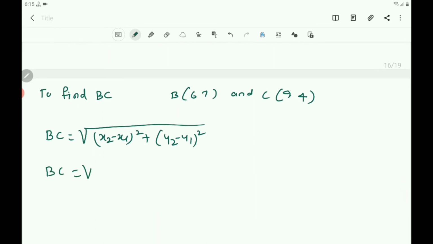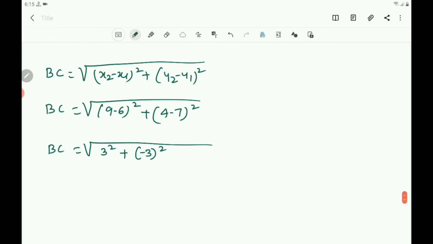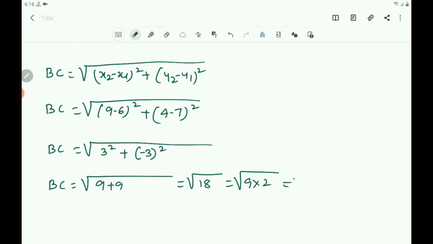Taking 6, 7 as x1, y1 and 9, 4 as x2, y2, BC equals the root of (9 minus 6) whole square, 3 square, plus (4 minus 7), that is minus 3, whole square. 3 square is 9 and minus 3 whole square is 9, so BC equals root 18, which is the square root of 9 into 2, that equals 3 root 2.